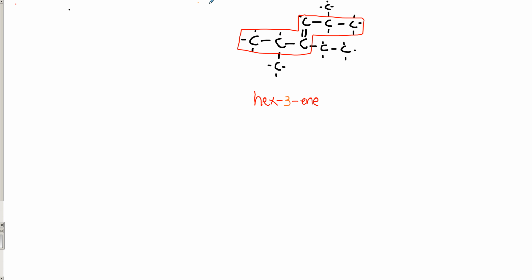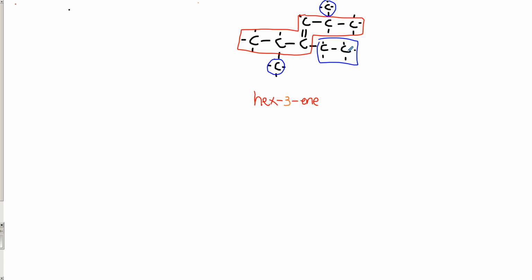We have 3 branches on here. 2 of my branches are methyl groups, and 1 of them is an ethyl group. Now when you do these, they take a lot less time, but when you walk through them, it does take some time to explain what's going on. So the numbering rules that we learned in alkane, they also apply to the branching for alkenes. It's the same thing, literally the same idea.